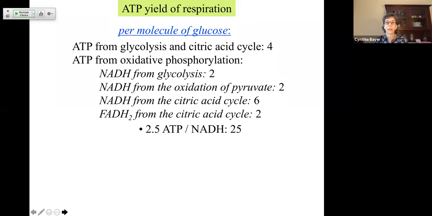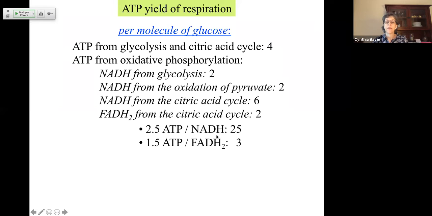And we can correlate per molecule of NADH corresponds to the production of about 2.5 ATPs. The FADH2 corresponds to about 1.5 ATPs. And really what we're saying is FADH2 electrons, remember, they enter the electron transport chain a little bit farther downstream than the electrons that are passed from NADH.